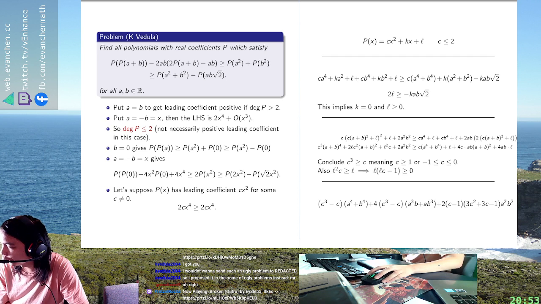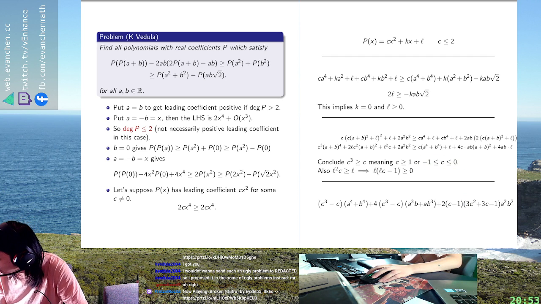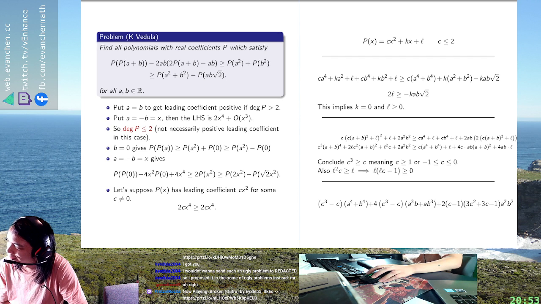Okay, so if c is at least 1, this is non-negative. If c is between minus 1 and 0, then what is this? 3c, c plus 1, minus 1, negative, times negative is, oh my god. No!